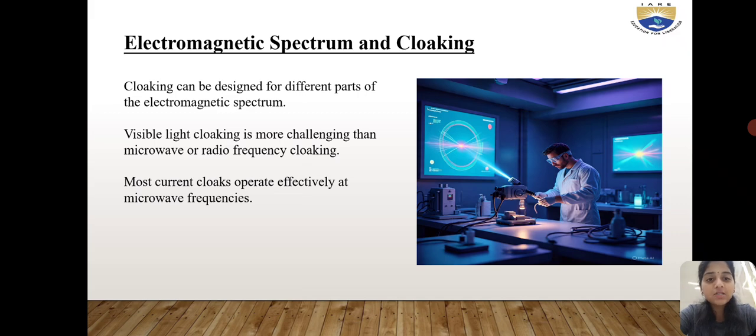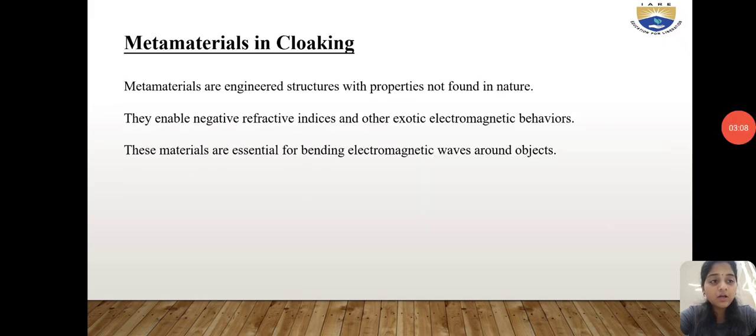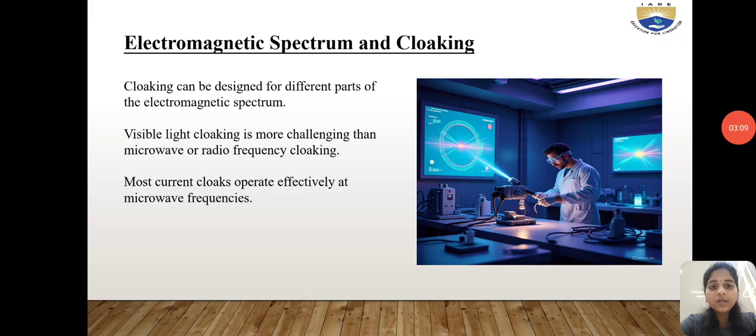Most current cloaks operate effectively at microwave frequency.